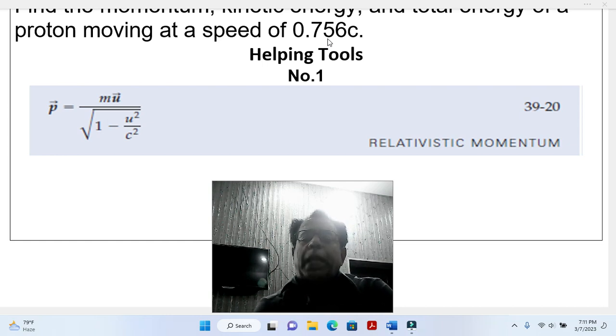P is equal to mu over square root of 1 minus u square over c square. It can alternatively be written as p equal to gamma mu, because 1 over square root of 1 minus u square over c square is called the Lorentz factor and is denoted by gamma. This we taught in our previous video.